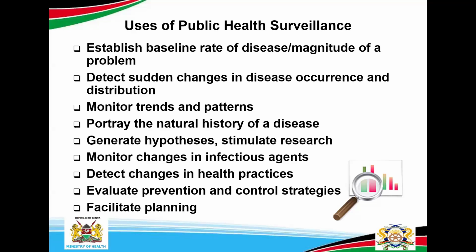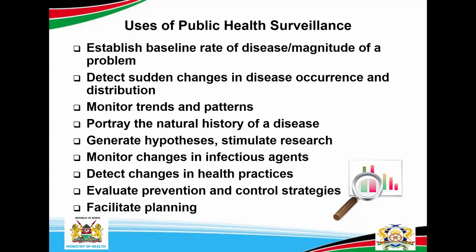The other use is to detect sudden changes in disease occurrence and distribution. When you are collecting the data, assuming that for a particular area, let's say Mombasa, we expect 1,000 malaria cases per month, but all of a sudden you see that you are reporting 3,000 cases.